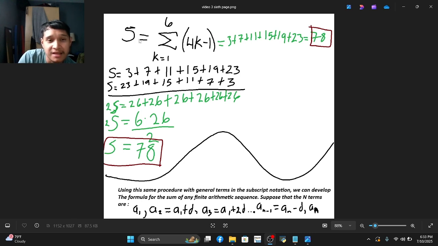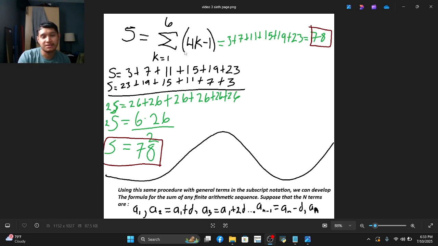So in this summation of the first term through the sixth term, remember that the number in front of it is the limit, in terms of 4k minus 1. So we're just substituting the k by 1, by 2, by 3, by 4, by 5, by 6.